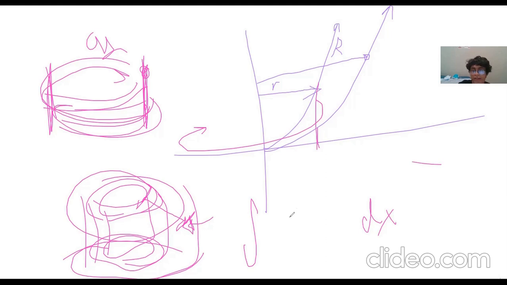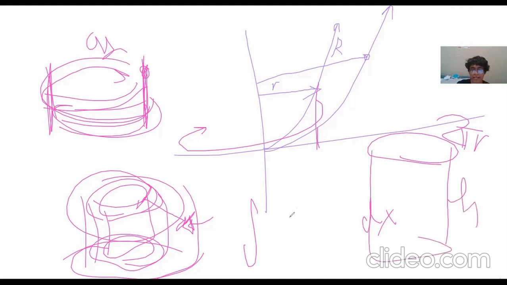And why do we remember that? Well, this is 2 pi r, the circumference of a circle. Then you multiply by the height to extend this area around.